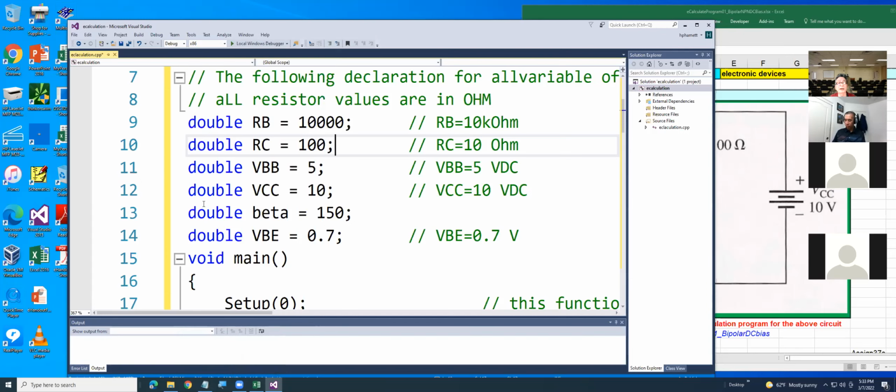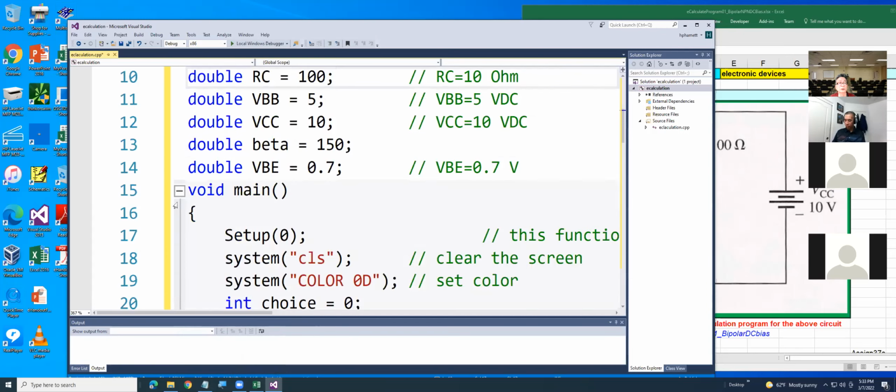Now, after that, you go to the void main. If you are learning the program, void main means no return. But we don't care about that right now.